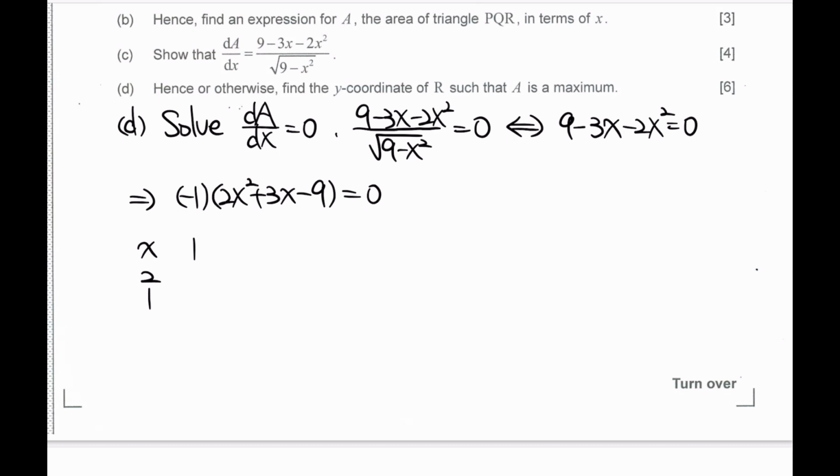And then we decompose negative 9, the constant term. You can decompose negative 9 into negative 1 times 9 or negative 9 times 1 or etc. But you'll see that this won't make the coefficient in front of x 3. So the better way to decompose negative 9 should be negative 3 times 3.